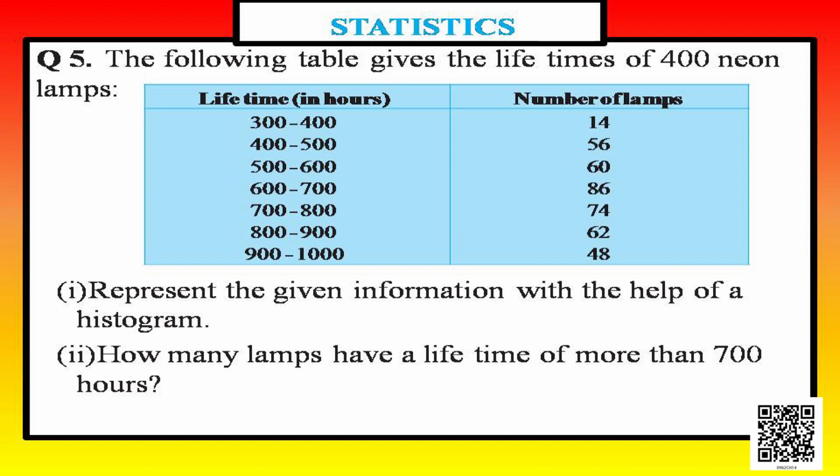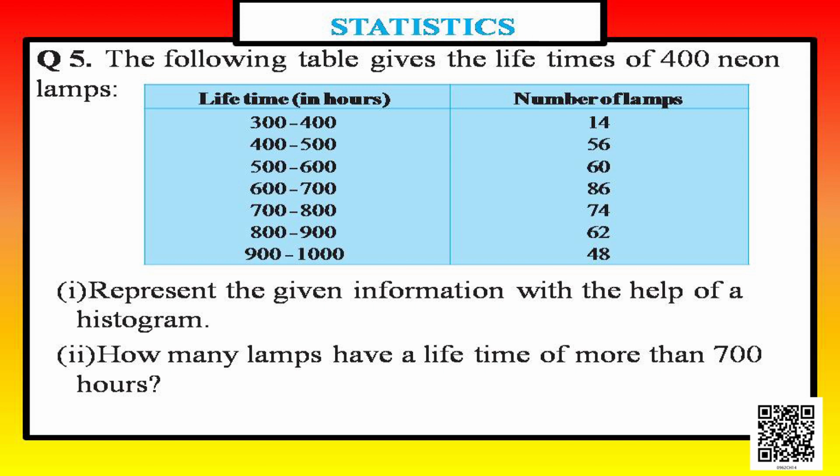The first column is the class interval, 300 to 400, then 400 to 500 and so on till the last one, 900 to 1000. In the second column we have the number of lamps, or frequency. They are 14, 56, 60, 86, 74, 62 and 48.